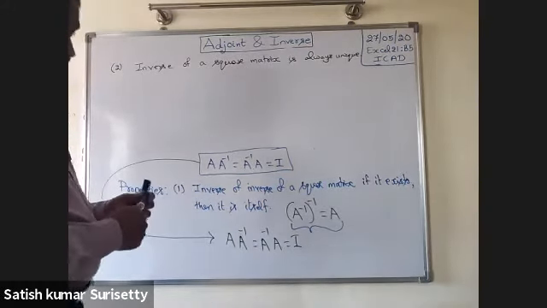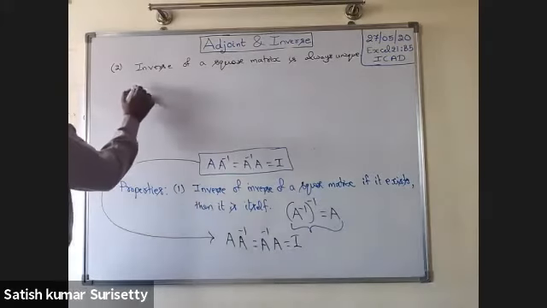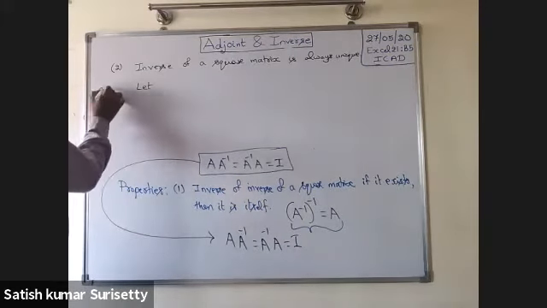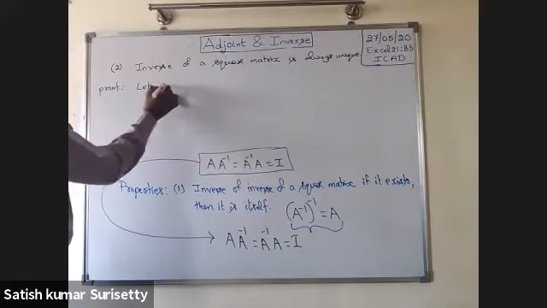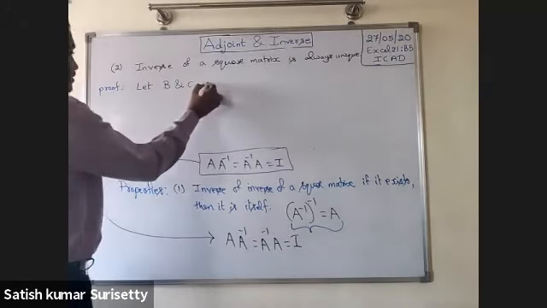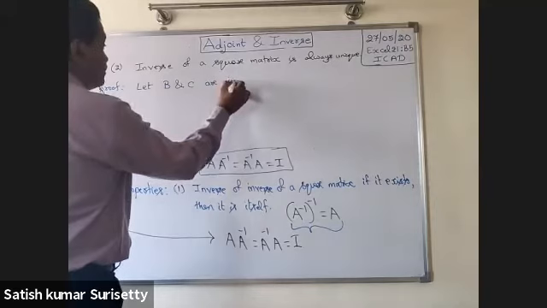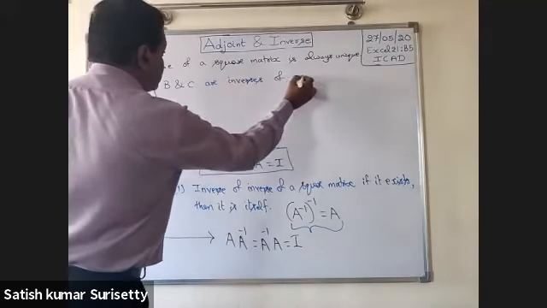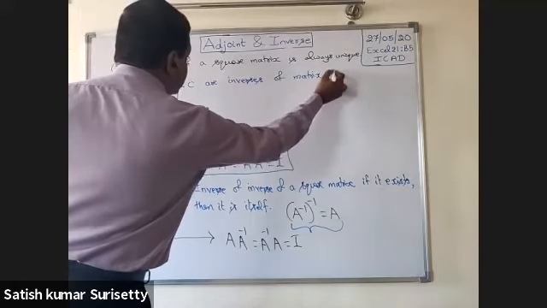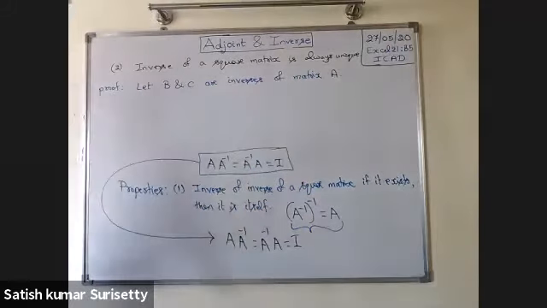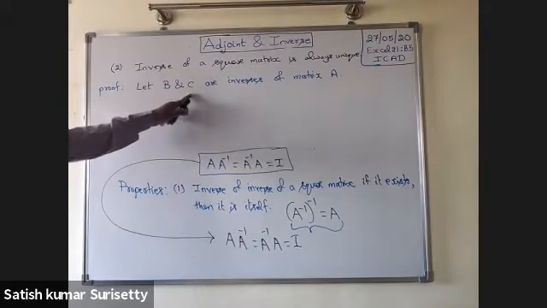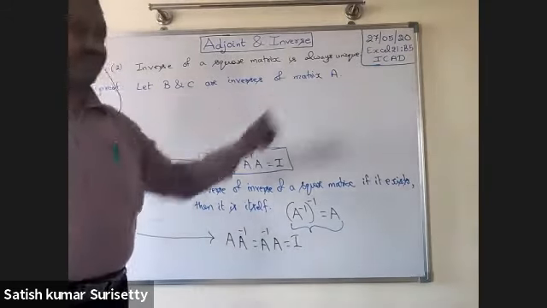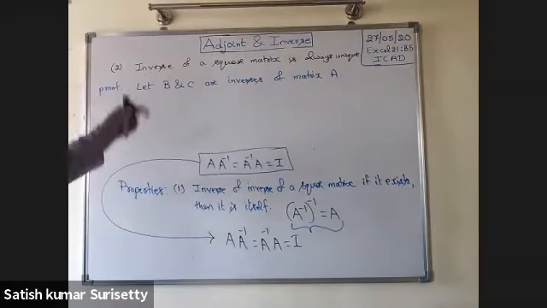Let us prove this. Let B and C be inverses of matrix A. So we are taking two matrices B and C that are the inverse of A. Now as per the statement, we need to prove B equal to C.